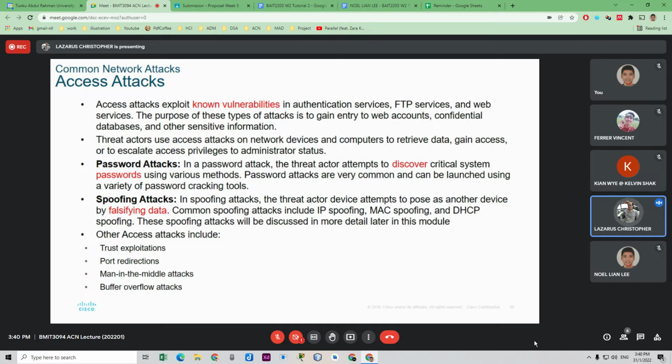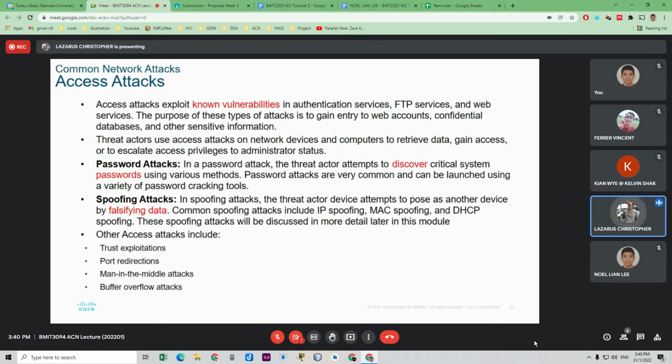So here, what I can exploit is the authentication services. If there are vulnerabilities in this authentication service, then I can exploit that to gain access, right? So I can find vulnerabilities in authentication services, maybe FTP services, and web services. That means web server.